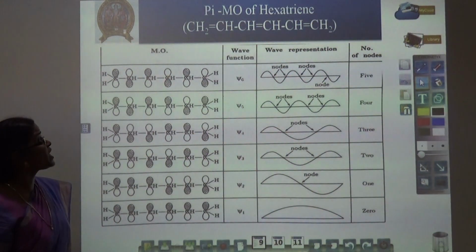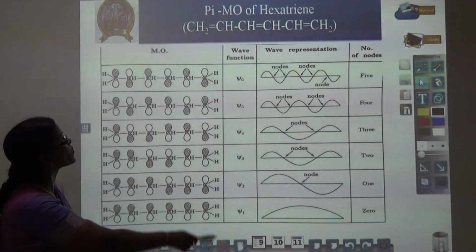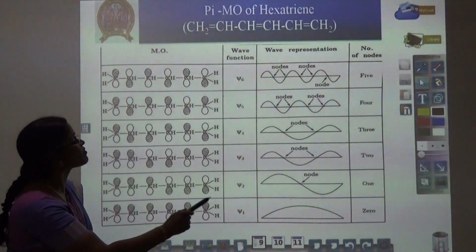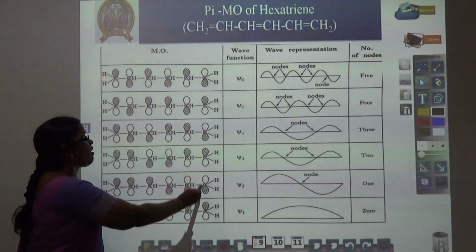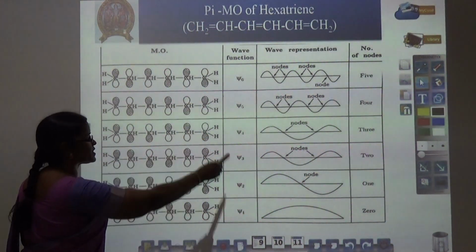The same Woodward-Hoffmann rule of correlation diagram is also applicable for 1,3,5-hexatriene, which is converted to 1,3-cyclohexadiene. All the 6 molecular orbitals are arranged in increasing order of energy level.